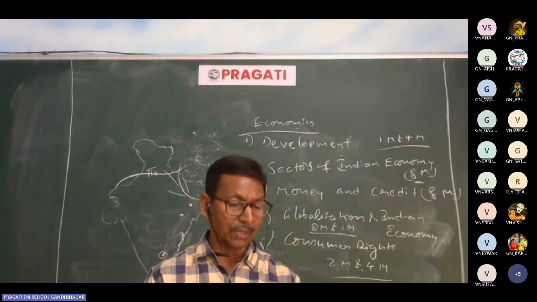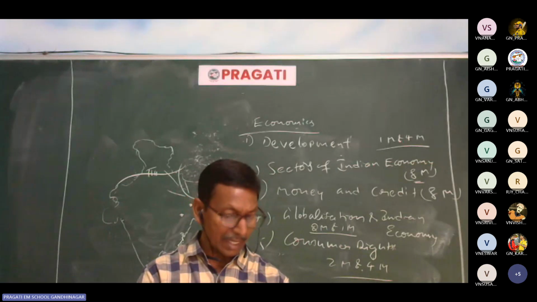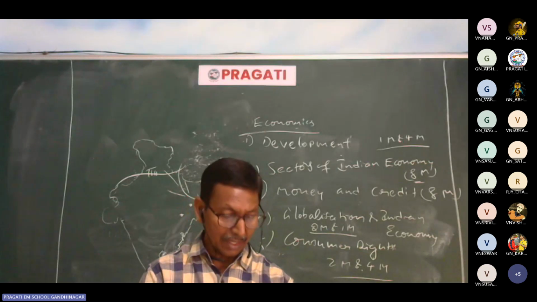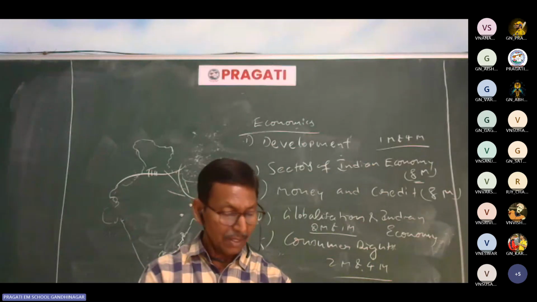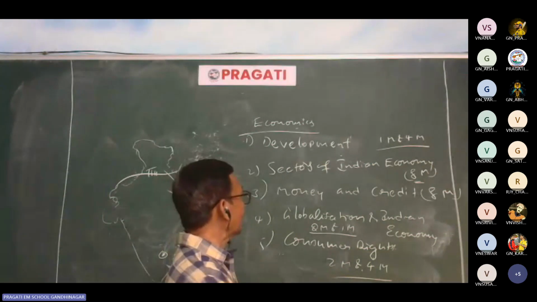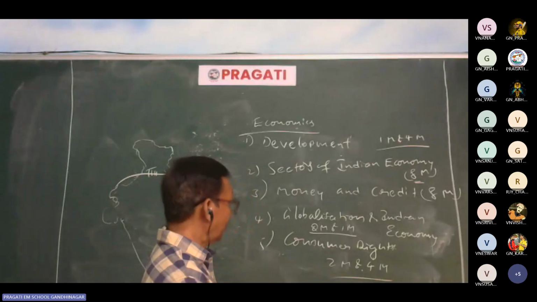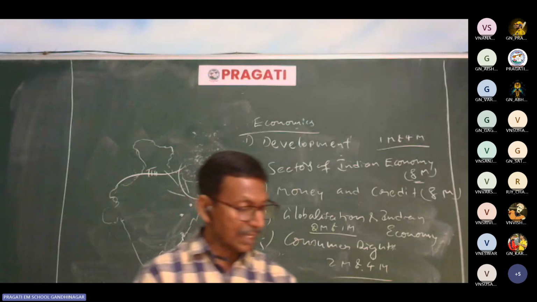Try to learn thoroughly. Public sector and private sector, organized and unorganized sectors, and graph questions. You can find these questions. Only 8 marks. Here, money and credit also 8 marks, maybe coming in choice. Choice in the sense, don't neglect it.